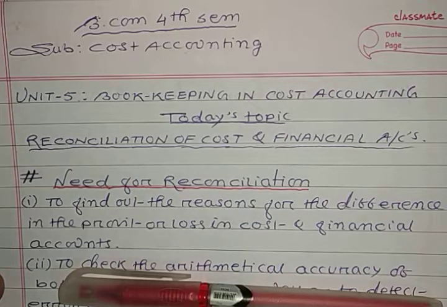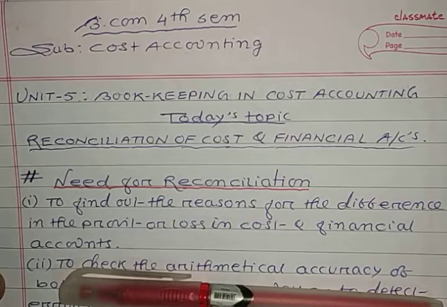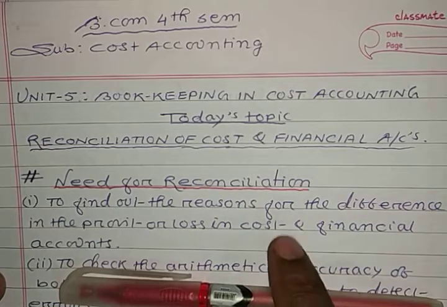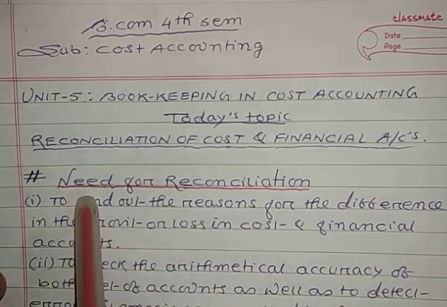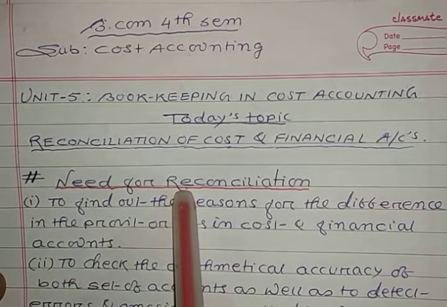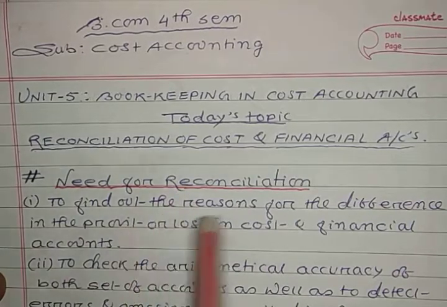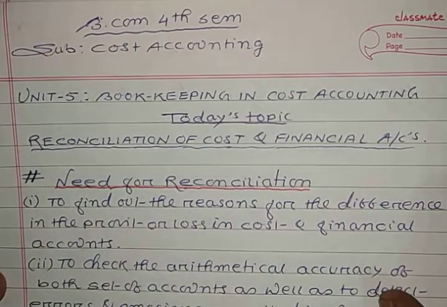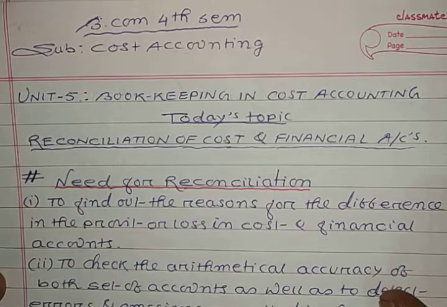Thus, reconciliation between the results of the two sets of books is necessary due to the following reasons. That is, the need for reconciliation. Why is it necessary? But before that, you have to understand what is meant by reconciliation.